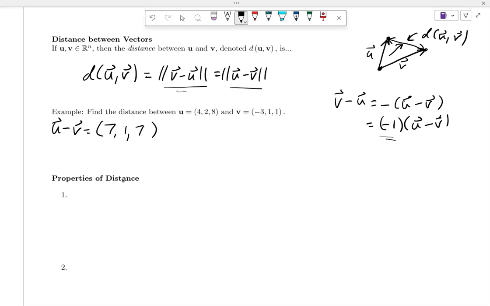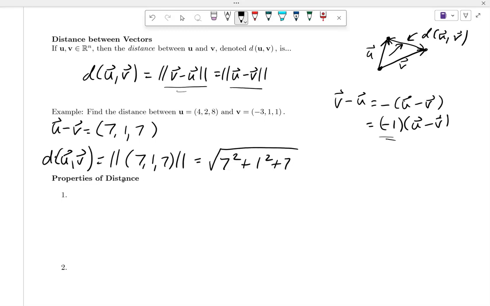Good. 717. So if I want the distance then between u and v, we'll do the magnitude of 717. Seven squared is 49, so you'll get 99 when you add these together. And again, if you want to simplify, that's 3 root 11.